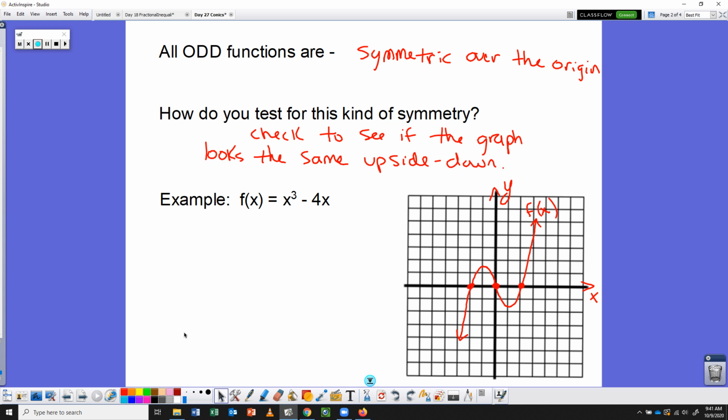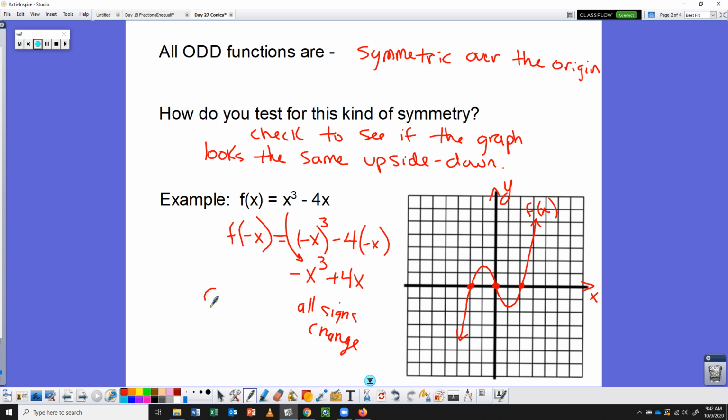If you were to take your paper and completely flip it upside down, this graph looks identical when upside down as it does right side up. Now, again, you can double check that work by doing the algebraic test for this. So if we imagine plugging a negative x in every place there was an x, we're going to notice that you end up with negative x cubed plus 4x, which means that all the signs changed. And that is an example of an odd function.